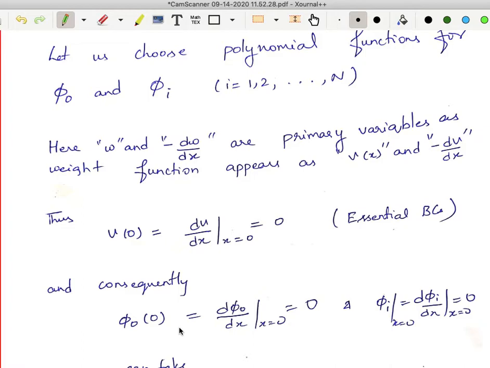Now if you have to come up with a polynomial starting from the lowest order, what is the lowest order polynomial? It will be constant. Now if a polynomial function should contain terms starting from the lowest order, not missing any order, and can satisfy two constraints, what should be the order of the polynomial?